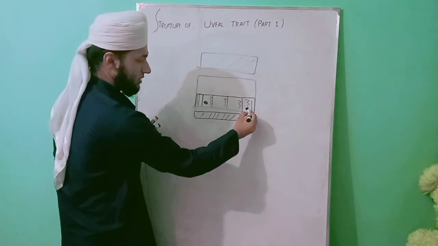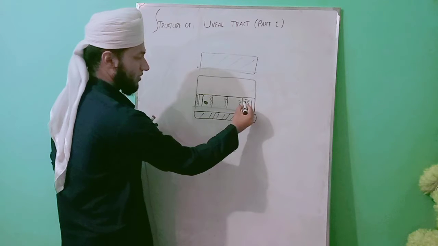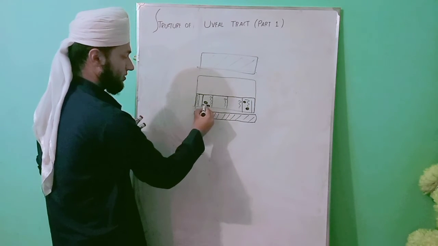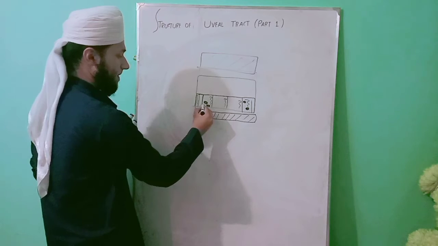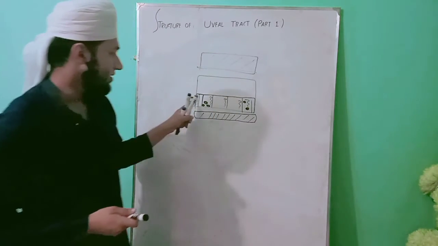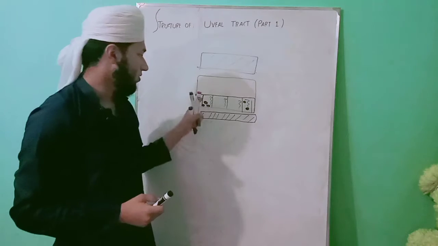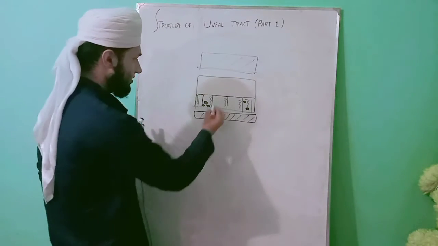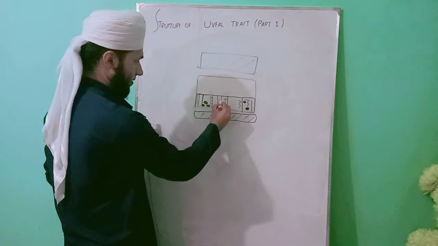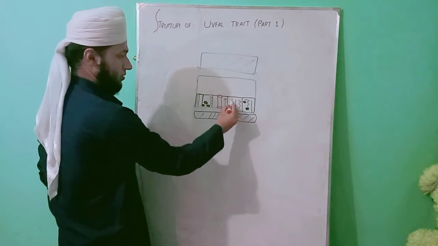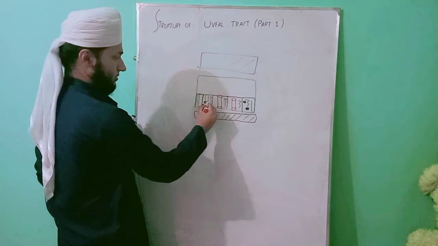Then some other cells are present, like macrophages, and numerous melanocytes. In this layer the choroidal arteries and the veins are also present.